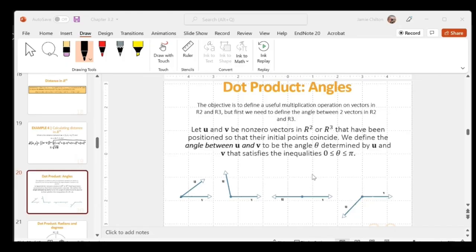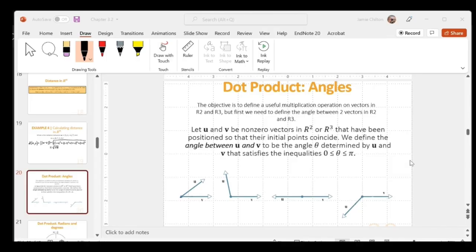And we also want to recognize the angle between u and v. To be able to do this dot product, the angle between u and v needs to satisfy the inequality that it is greater than or equal to 0 and less than or equal to pi.